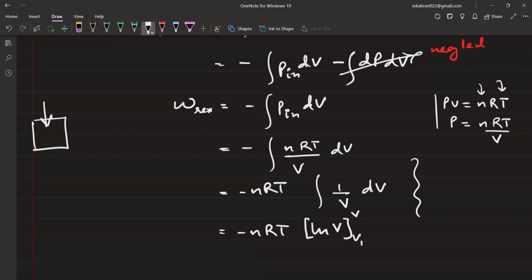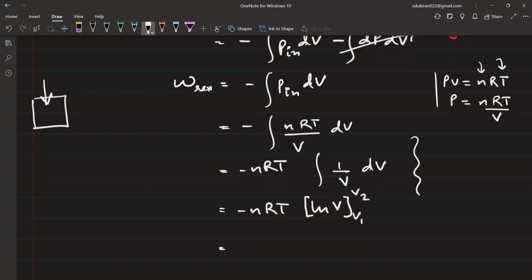V initial was V1 and V2 is the V final. Now you can plug this in: nRT times ln V2 minus ln V1.